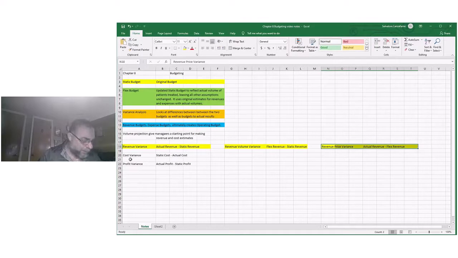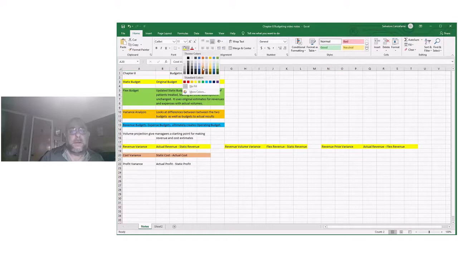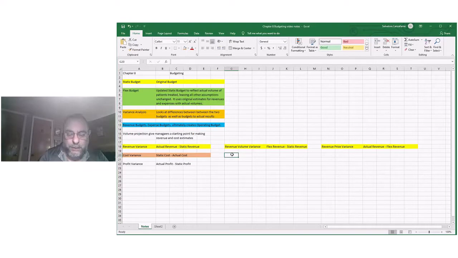We could do the same breakdown with the cost variance. And we could have a cost volume variance, and that's your static cost minus your flex cost.